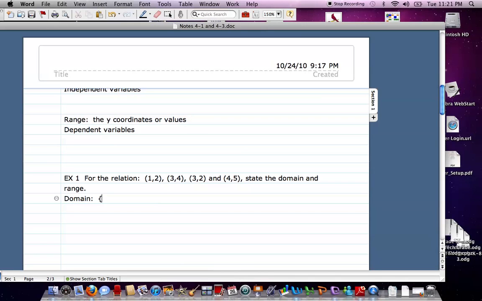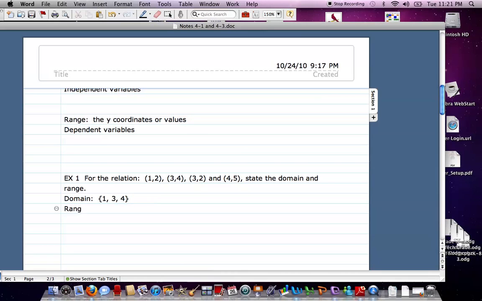The lowest x value that I have is 1. The next that I have is 3. You'll notice that I have 2 x-coordinates with 3. I only need to include them once in my domain. The final x-coordinate I have is 4. So according to this relation, the domain would be 1, 3, and 4.